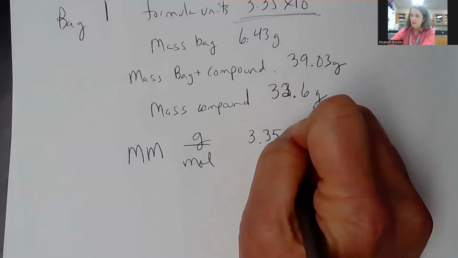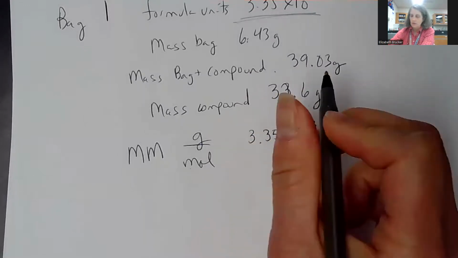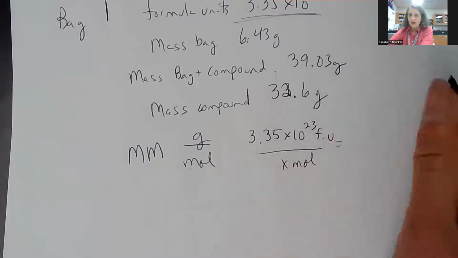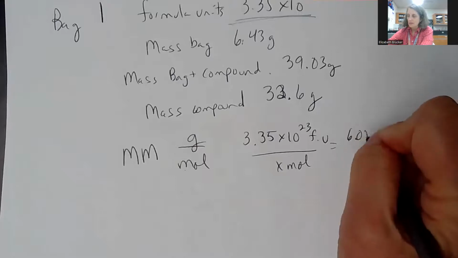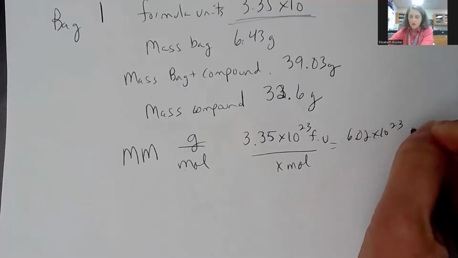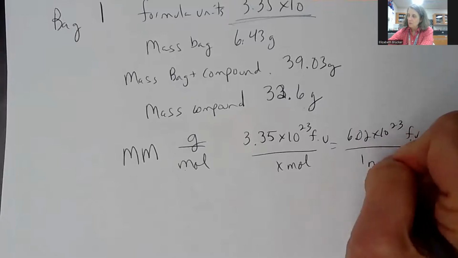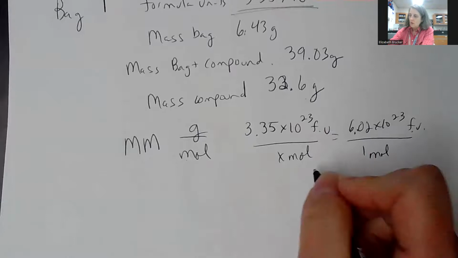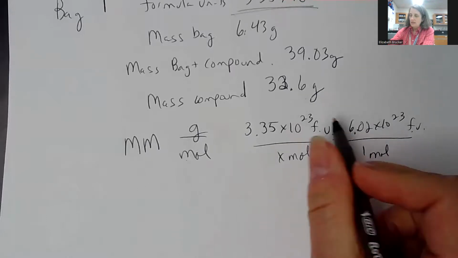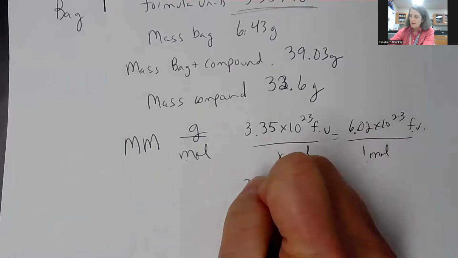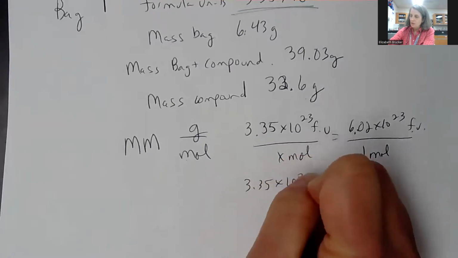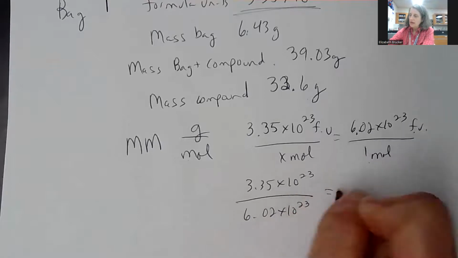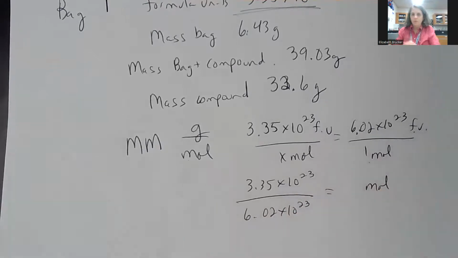So write down 3.35 times 10 to the 23rd formula units is how many moles if I have Avogadro's number, 6.02 times 10 to the 23rd formula units for every 1 mole. So I cross multiply, and I essentially take 3.35 times 10 to the 23rd and divide it by 6.02 times 10 to the 23rd, and I get my number of moles.